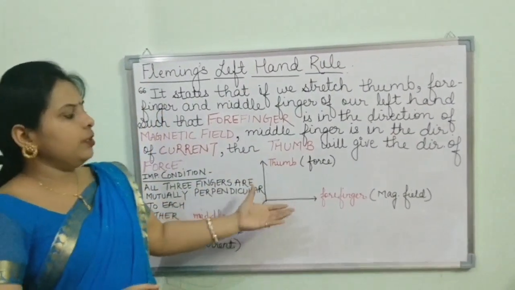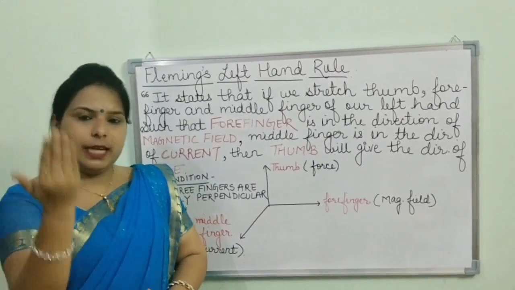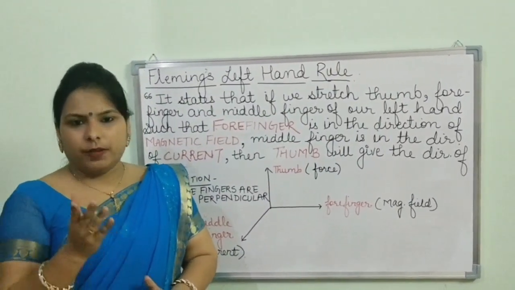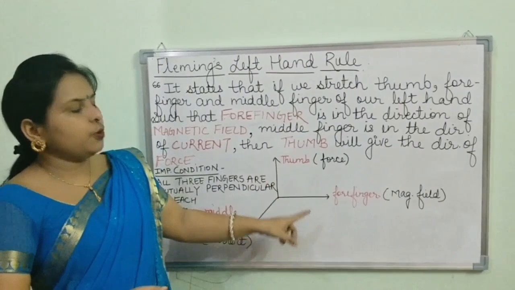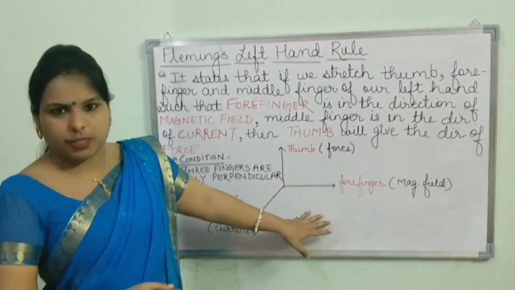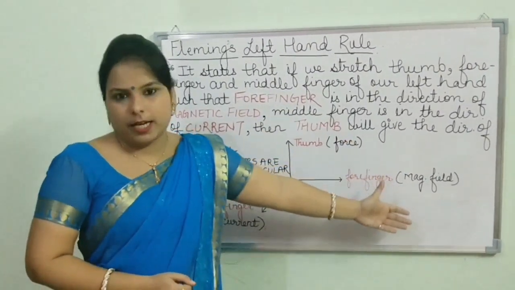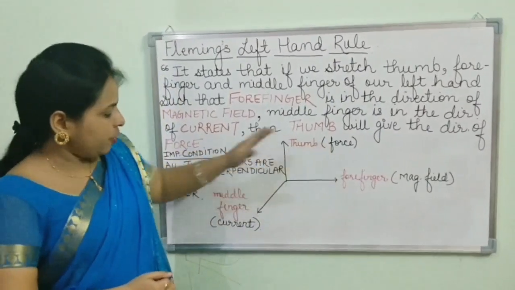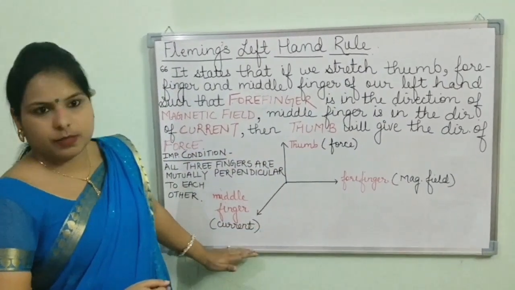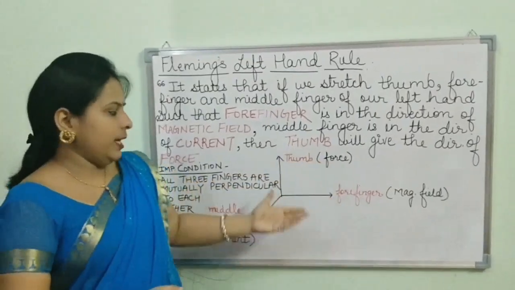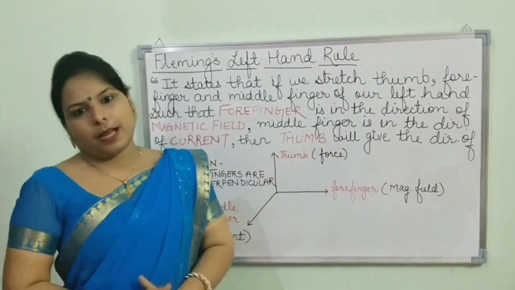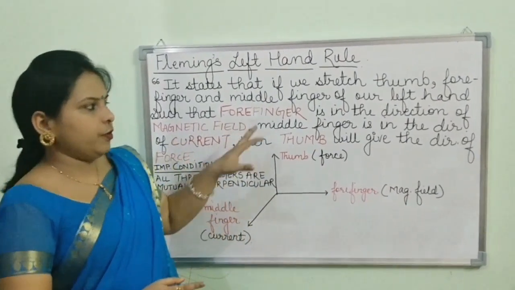You can easily use this rule and take many of the examples given in your books. Using this rule, you can find the direction of force if it is not given, or you can find the direction of magnetic field if the direction of force and current is given, or you can find the direction of current if force and magnetic field is given. We have to follow this rule.